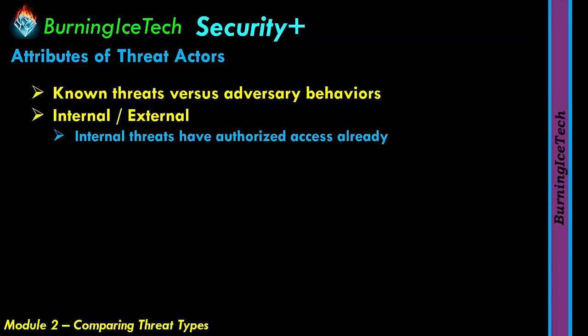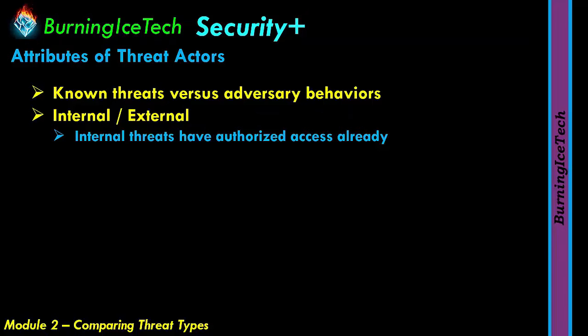Before we jump onto that, external threats, what is that? That is generally someone outside the company. They don't necessarily work for your company. They most likely don't have any access yet, so they're going to have to go through all your security. They're going to have to go through your firewall and anything else you or your client's company may or may not have implemented. So generally, it is a lot harder to do whatever you need to do if this is an external threat.